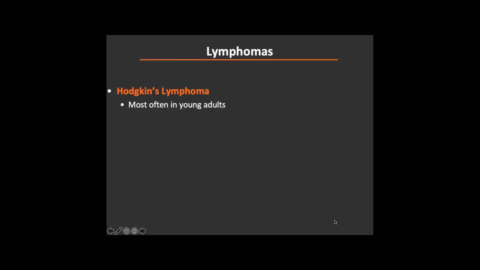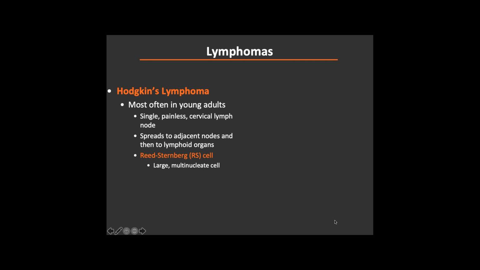So we'll start with Hodgkin's lymphoma. This is most often seen in young adults. It is usually a single painless cervical lymph node that is affected, but it can then spread to adjacent nodes and to lymphoid organs. And you'll be able to see what are called Reed-Sternberg cells.